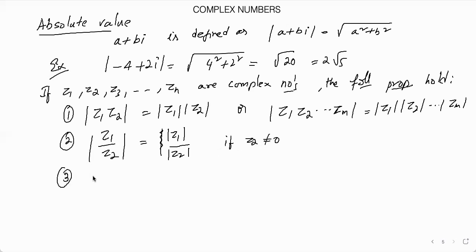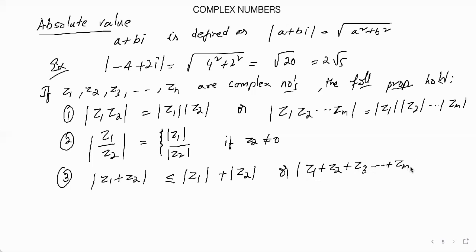And we have one more property, that is mod of z1 plus z2 is less than or equal to mod of z1 plus mod of z2, or with respect to n terms, mod of z1 plus z2 plus z3 up to zn is less than or equal to mod z1 plus mod z2 plus up to mod zn.